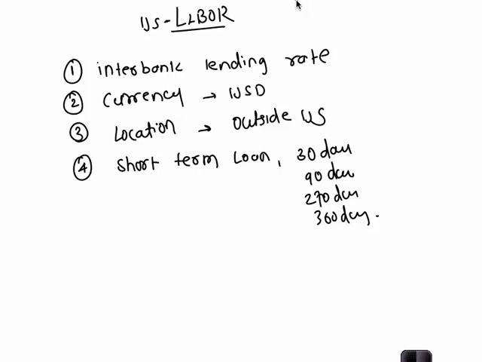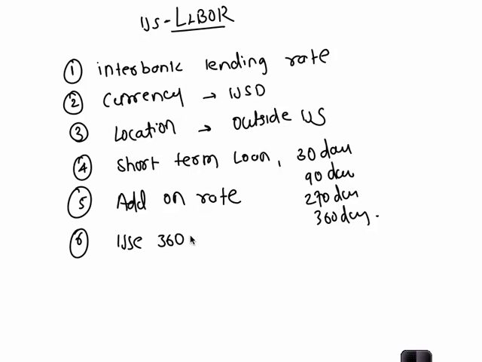These are different maturities. Number 5, it is an add-on rate. Number 6, it uses 360-day convention.